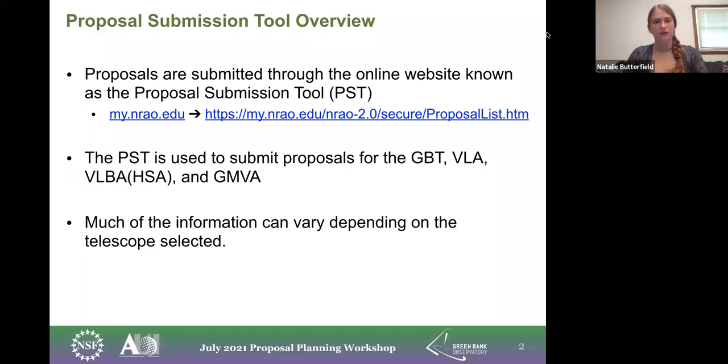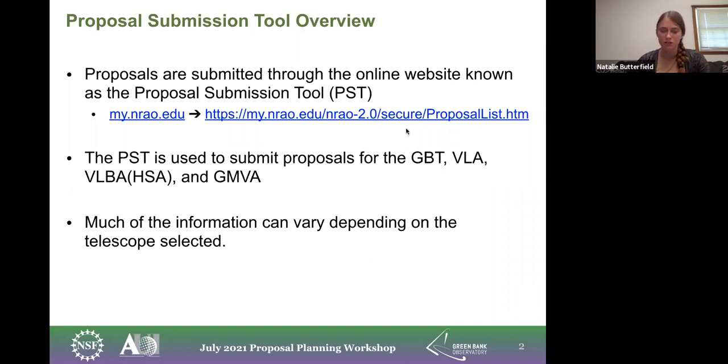All right, so all proposals for the GBT are submitted through an online website known as the Proposal Submission Tool. You can access this through the my.nrao.edu link, and then navigate over to the proposal list, or you could just type in the link here if you're already logged in. The PST is used to submit proposals for the GBT, VLA, VLBA, and GMVA.